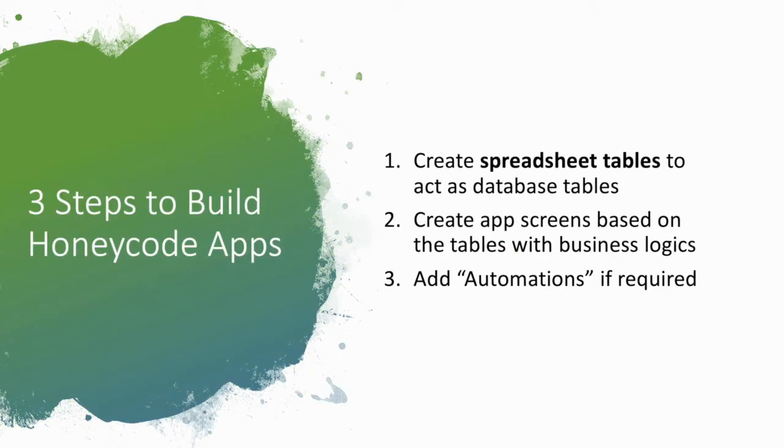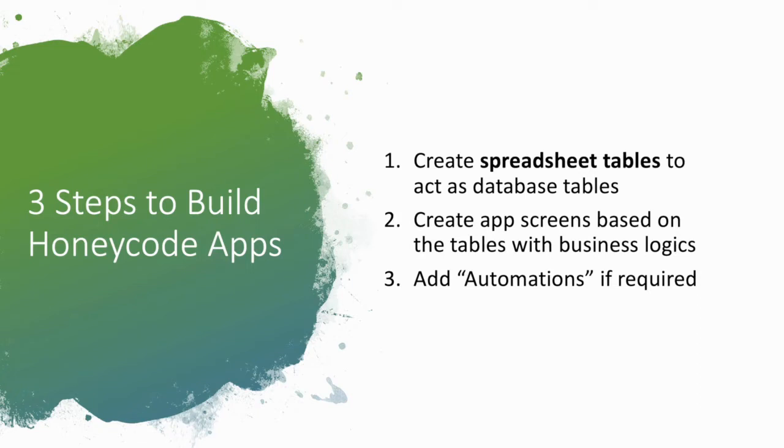Now there are really 3 steps to build Honeycode apps. Number 1, you have to create the spreadsheet table. This is to store your application data. And in Honeycode, these spreadsheet tables act as database tables in normal applications. So that's the first step: create your spreadsheet tables. And once you have your tables ready, then you can use Honeycode App Builder to build your application screens.